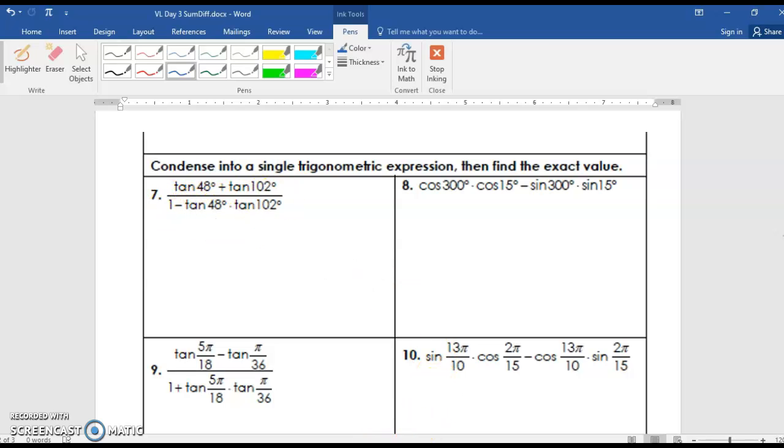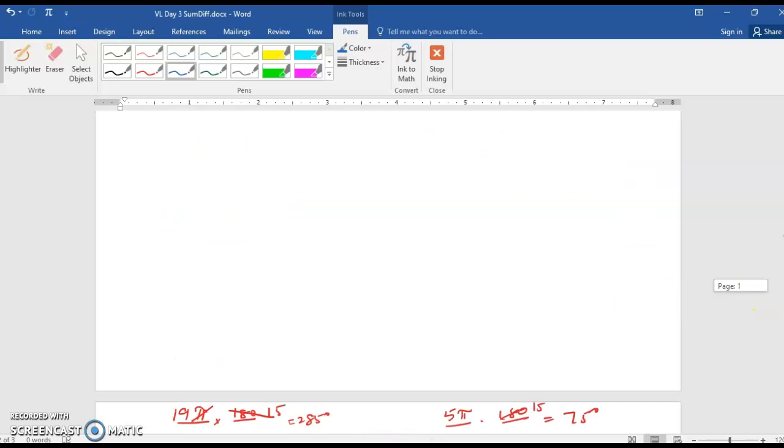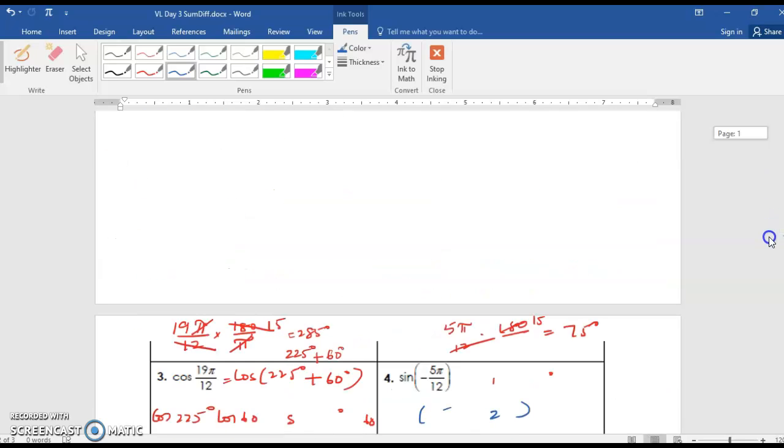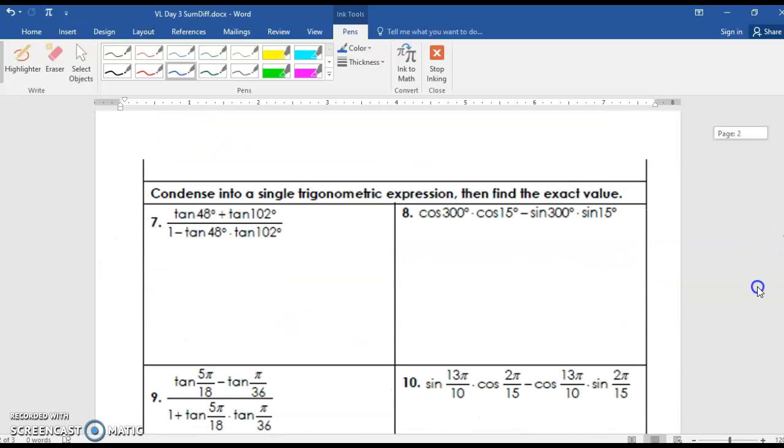According to our formula sheet, if you go on the top, you will see tan A plus tan B and so on, meaning it's tan of A plus B. So now you're going in the other direction. So this will definitely be tan of 48 plus 102. So what is tan of 48 plus 102? It's tan 150. And you will look into the unit circle, and tan 150 is actually negative root 3 over 3.